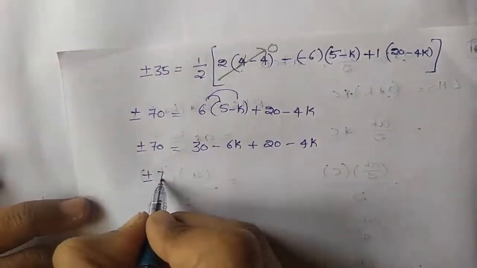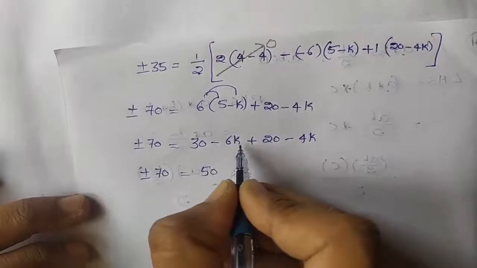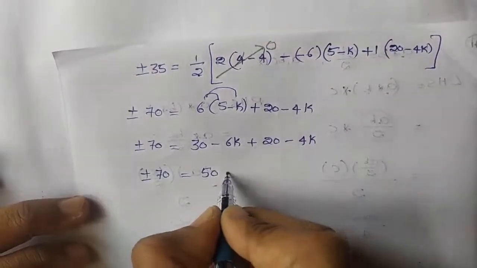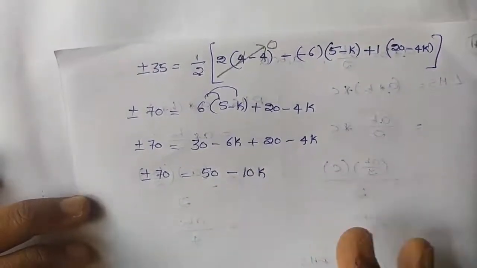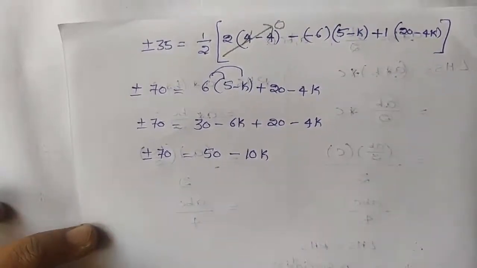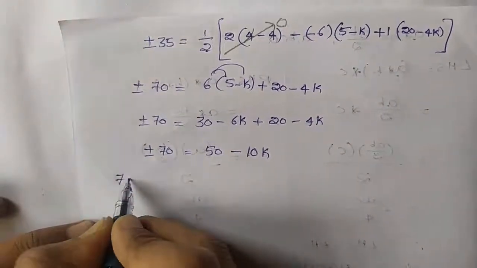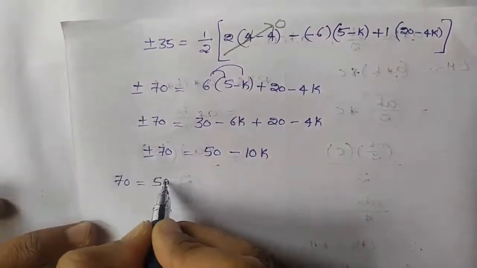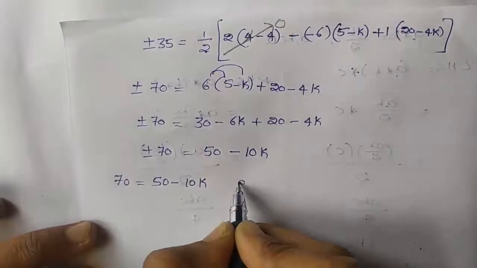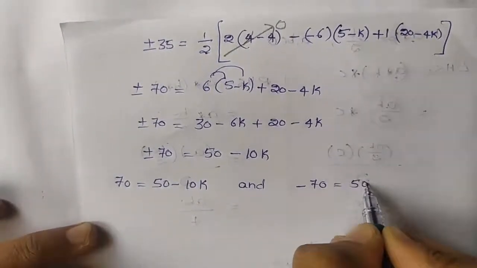Plus or minus 70 equals, 30 plus 20 is 50, minus 6k minus 4k is minus 10k. Here we have two cases, plus 70 as well as minus 70. So 70 equals 50 minus 10k and minus 70 equals 50 minus 10k.